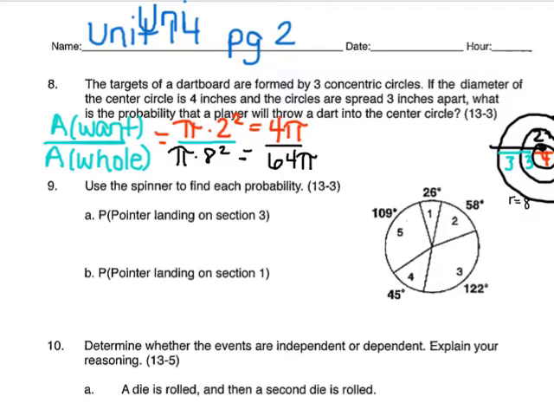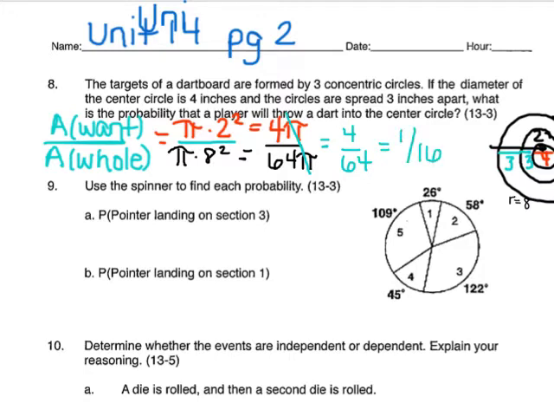8 squared is 64. Then my pi's are going to cancel, and I'm really just left with 4 over 64. Remember, you can reduce that by typing into your calculator 4 divided by 64, getting a decimal, and then going to the math menu and hitting fraction. This comes out to 1 over 16.